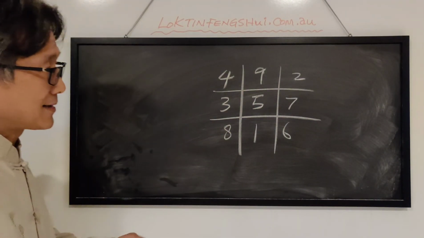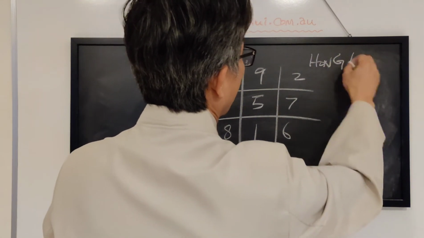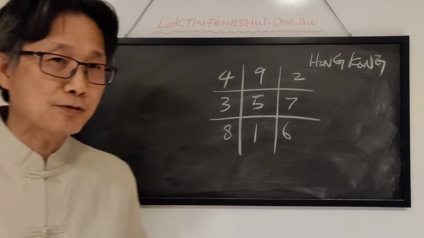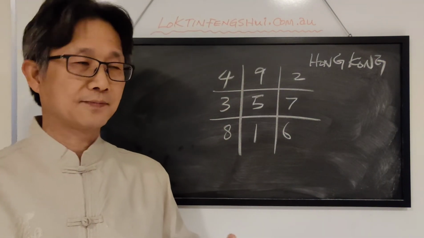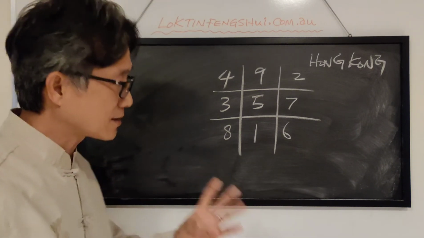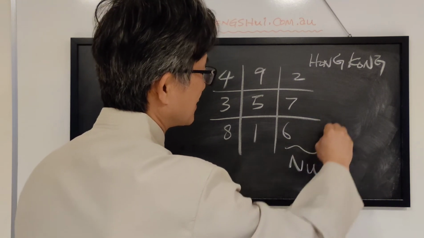So let's look at Hong Kong. That's Hong Kong. In Hong Kong, they have Tai Mo Shan, which is the highest in Hong Kong. Tai Mo Shan is in Hong Kong's northwest, so it has a mountain there.